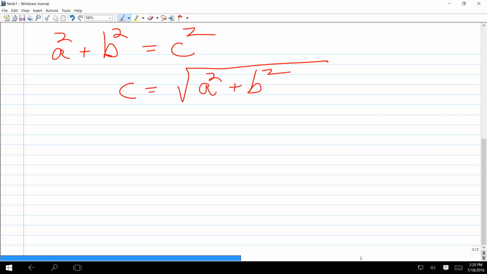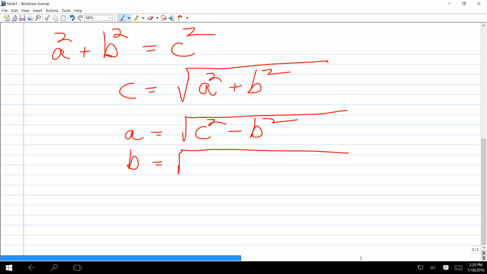And one of the short sides, A, is equal to the hypotenuse squared minus the other short side squared. Or the other short side is really easy to remember because it's the same thing. It's the hypotenuse squared minus the other short side squared.